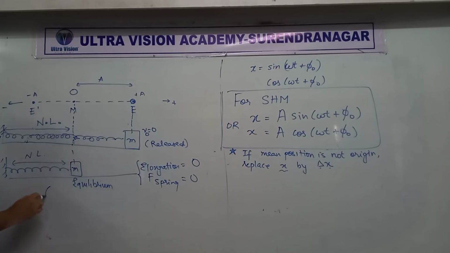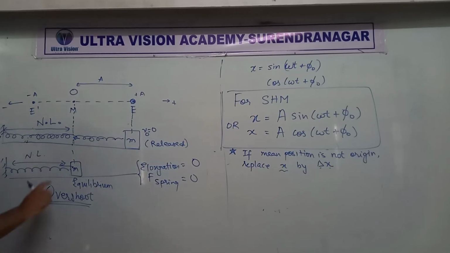I am saying that it will not stop here, it will overshoot. Did you understand that? What is the meaning of overshoot? It will go on the left side. It will not be able to stop over there.